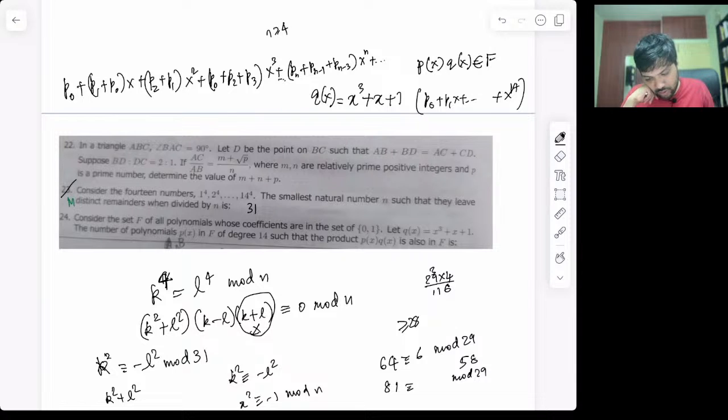p0 is 1. If you go forward, does it fit? If you go forward, like from the top powers, will it give some condition? X power 13, p13, x power 16 can be 0 or 1 actually. So how do you count this?